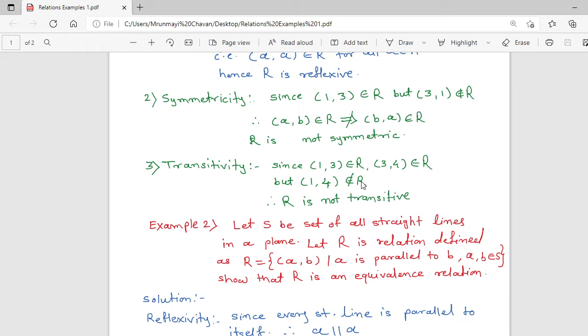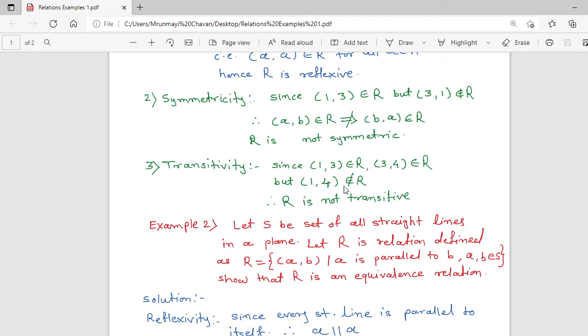Next, we see that (1,3) belongs to R, (3,4) belongs to R, but (1,4) does not belong to R. That means if (x,y) belongs to R, (y,z) belongs to R, but (x,z) does not belong to R. Therefore, R is not transitive.